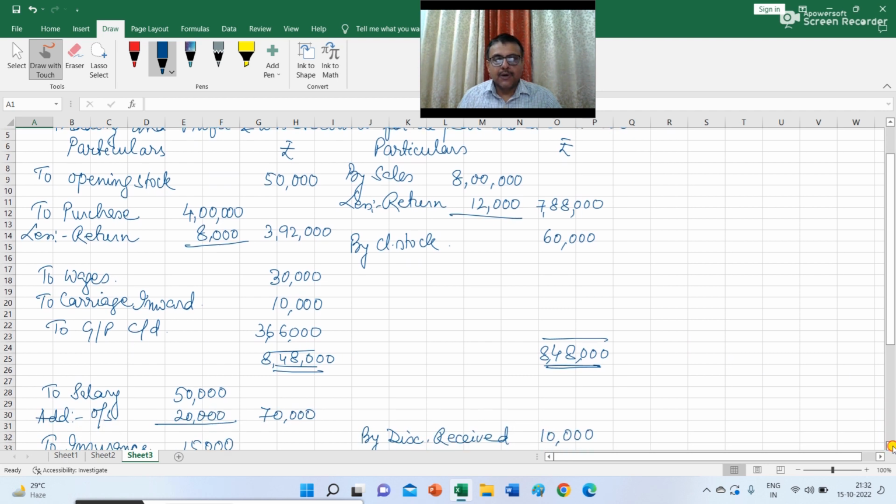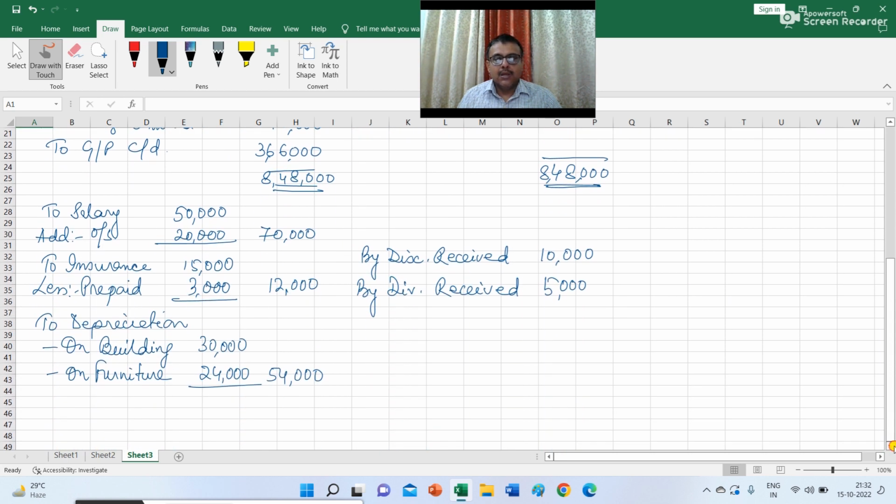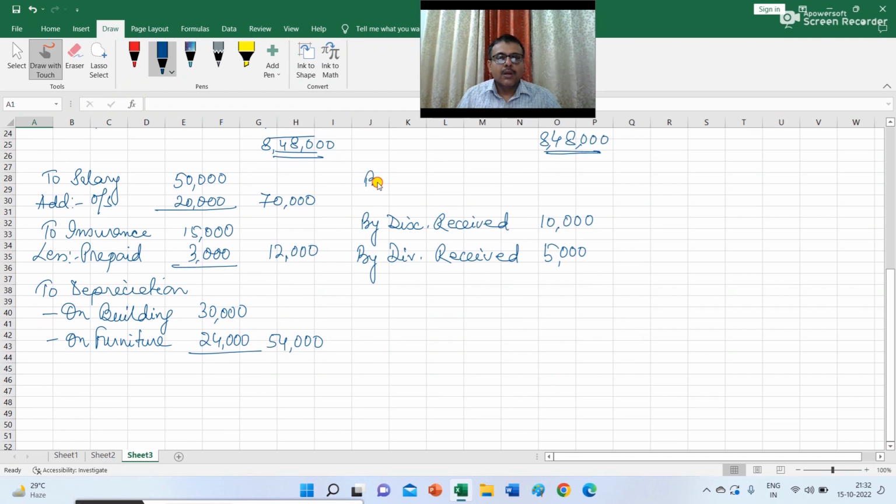Now the gross profit will be brought down in the profit and loss account, and this will be 3,66,000, and the total of the credit side is 3,81,000. And the difference represents the amount of net profit, and this amount of net profit is 2,45,000, which is the balancing figure.